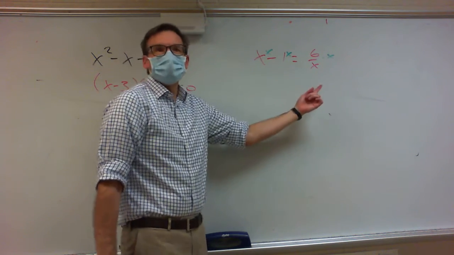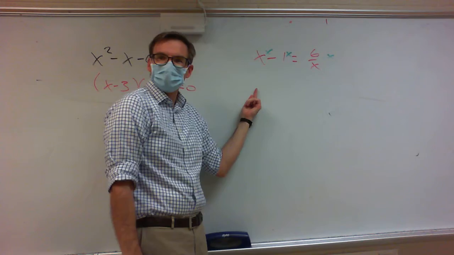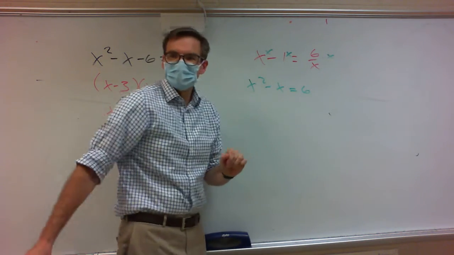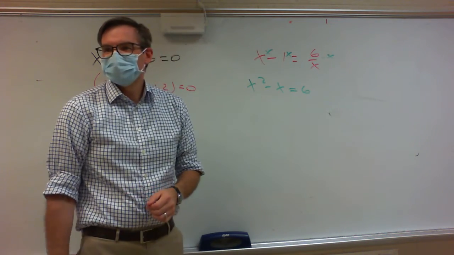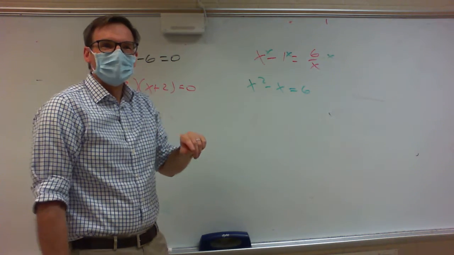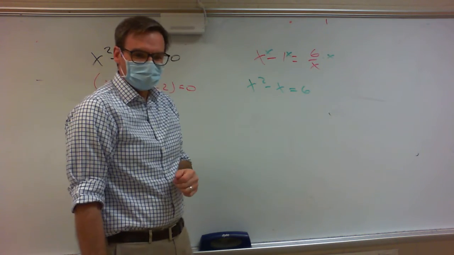And when you do that, what do we get? X squared minus x is equal to 6, right? Guess how you solve that? Do you move it to the left side, make it equal to 0?